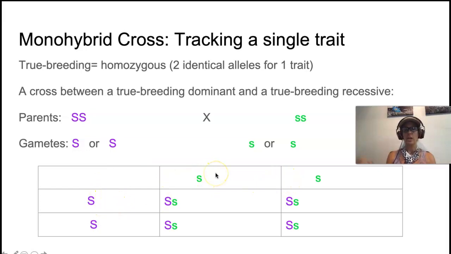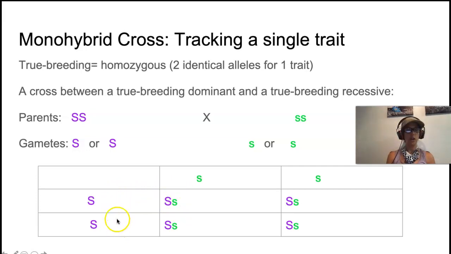And now we fertilize. So if this gamete fertilizes with this gamete, this one donates a dominant allele, this one donates a recessive allele, and now we have an offspring that is back to being diploid, right? A haploid gamete and a haploid gamete fuse, they form a diploid zygote.